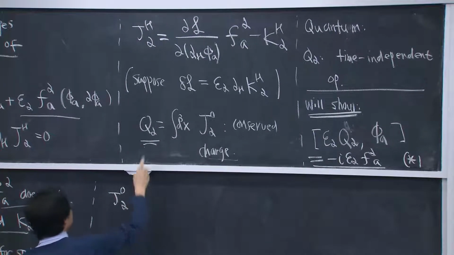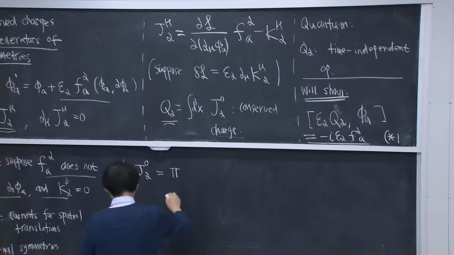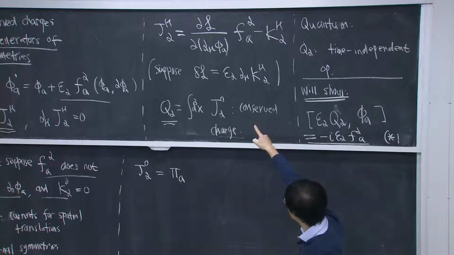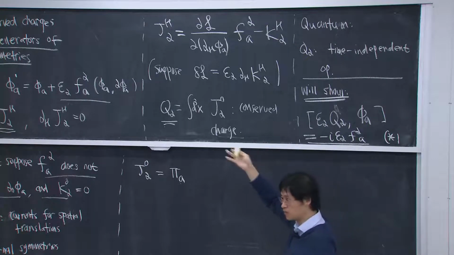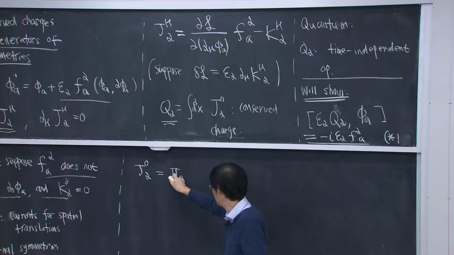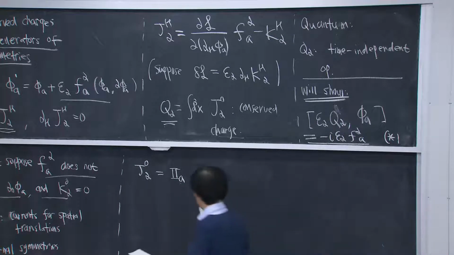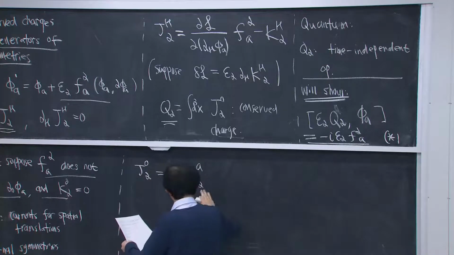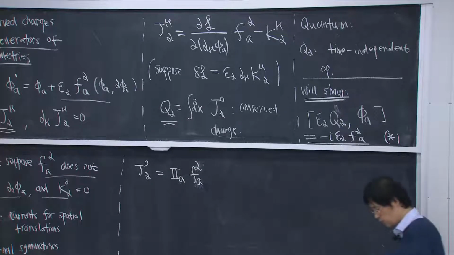By definition, the first term is just the canonical momentum conjugate to phi A. The first factor, partial L partial mu phi A, when you set mu equal to 0, is just the derivative with respect to the time derivative of phi A, and that by definition is the canonical momentum density conjugate to phi A, and then you have F alpha A.